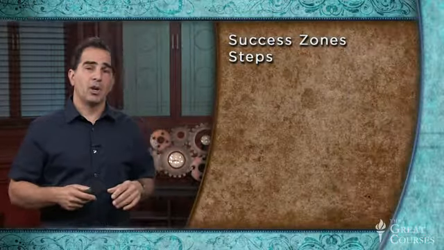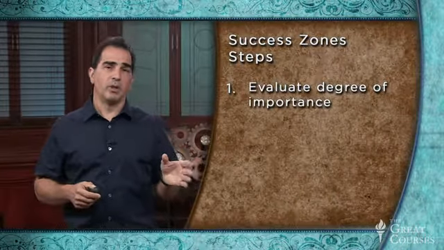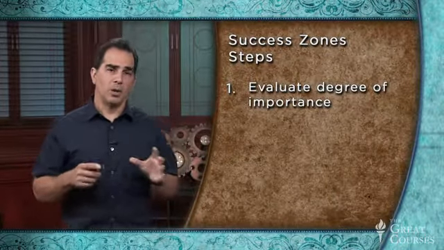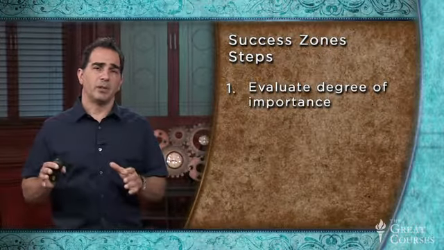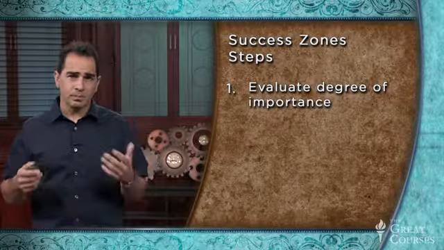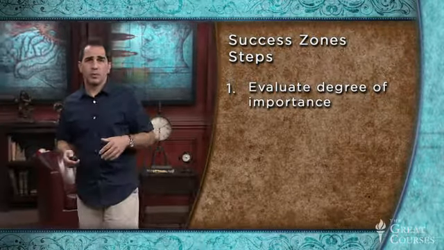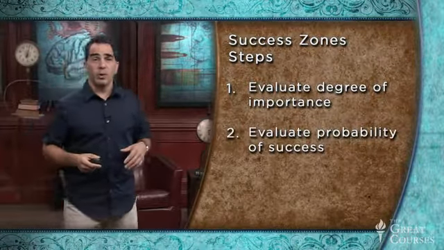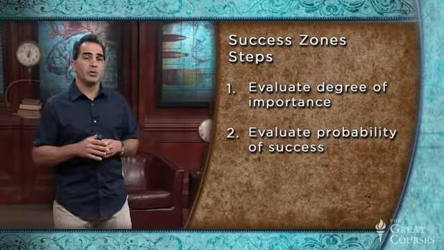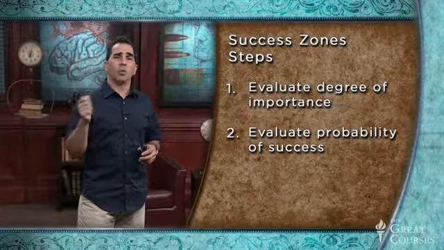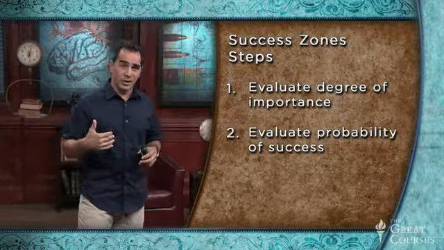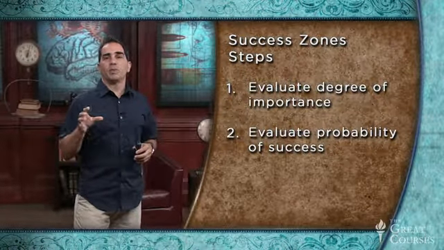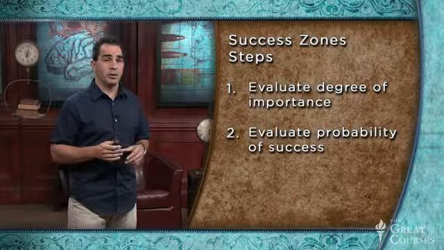Here are the steps. We evaluate the options against the degree of importance, on a 1 to 9 scale, 1 being low, not important, to 9 being highly important, extremely important to you. Then we evaluate the options against probability of success on the same kind of scale, 1 to 9. 1 being low, success will be difficult and unlikely, and 9 being high, success is highly likely.